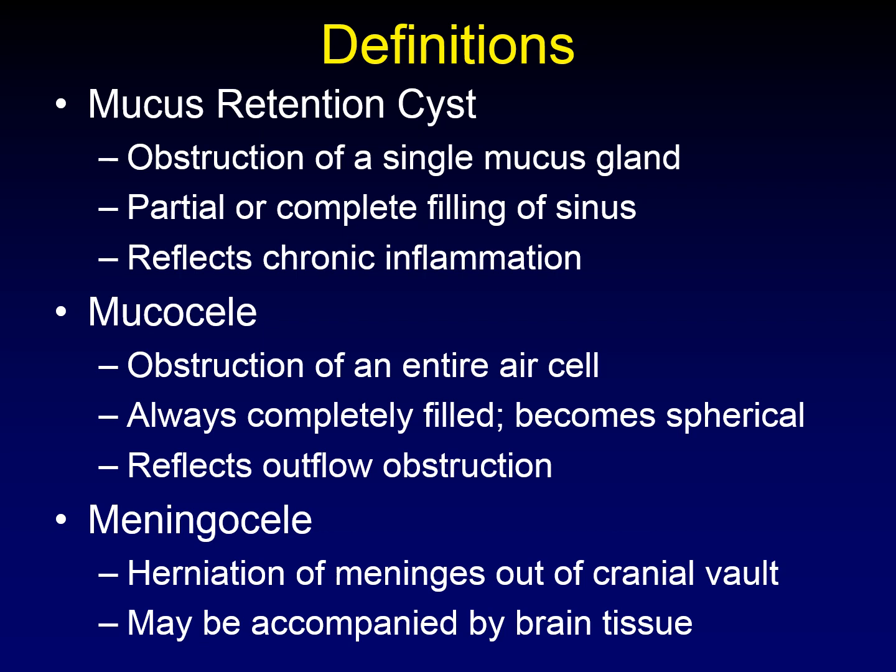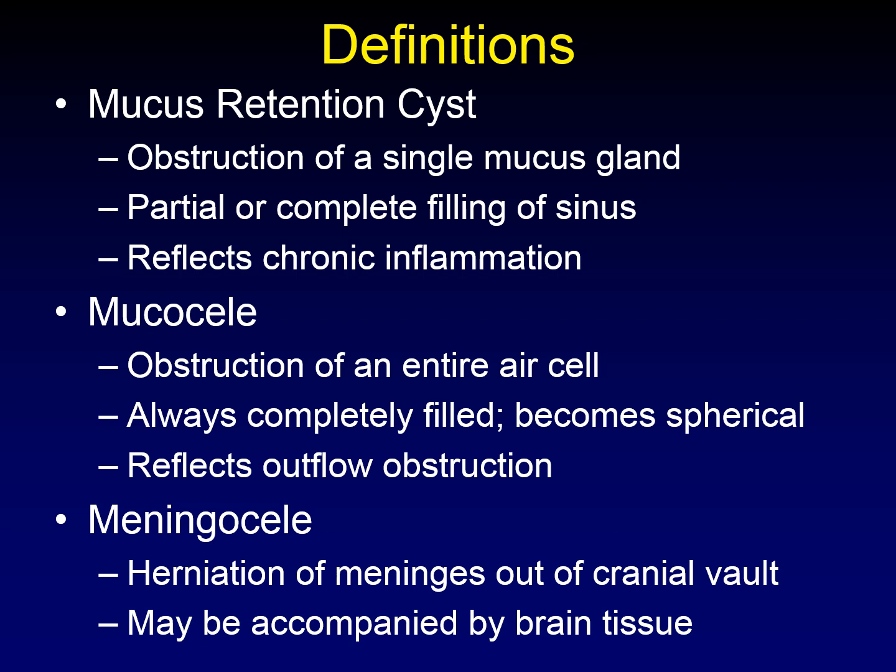It doesn't have to become a perfect sphere, but it starts to have curved boundaries. A mucus retention cyst doesn't change the configuration of the sinus, but a mucocele does. And a mucocele occurs because there's complete obstruction of the outflow of mucus out of that air cell.